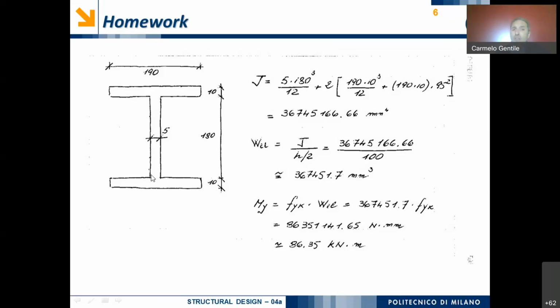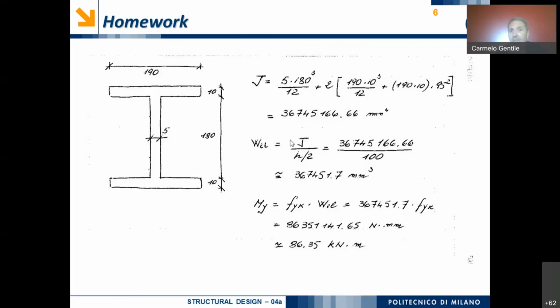Afterwards, I have to consider the effects of the two flanges. The two flanges are two rectangles, okay? The area of each rectangle is the thickness, 10, times the width of the flange, 190. And we have to multiply the area of each flange, in fact there is a 2 here, by the distance between the center of the flange and the center of the overall cross-section.